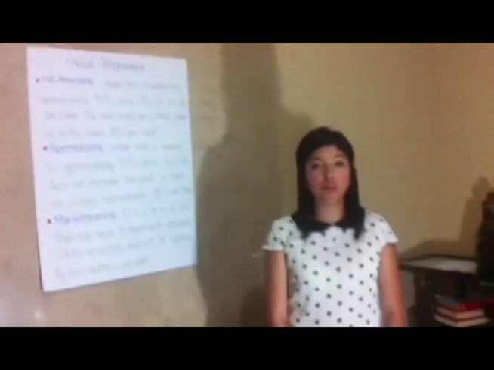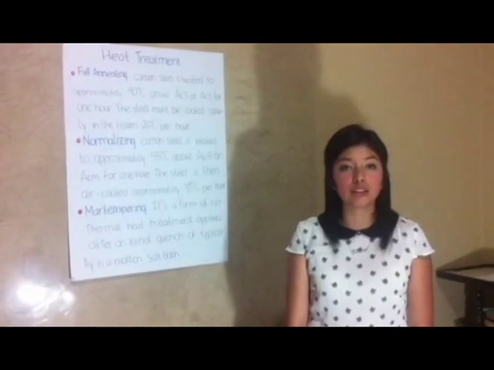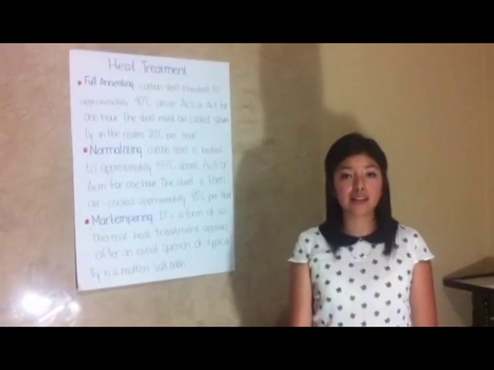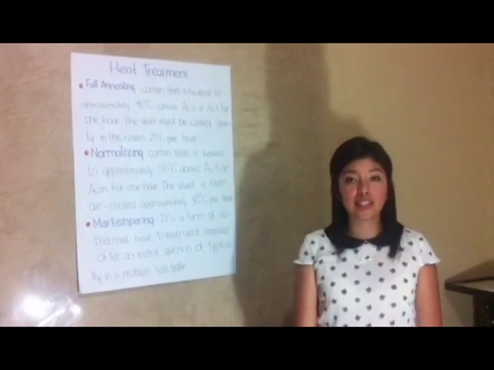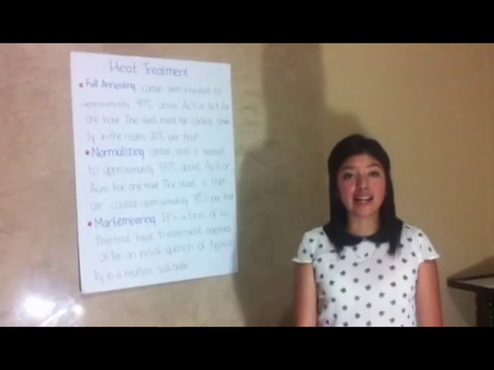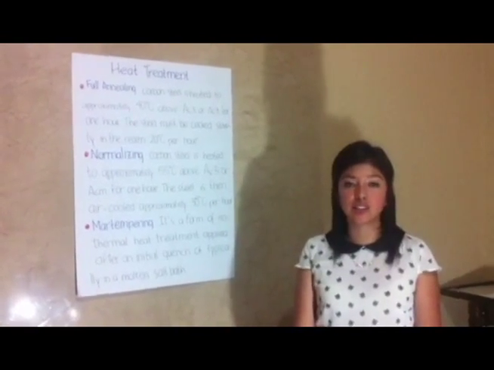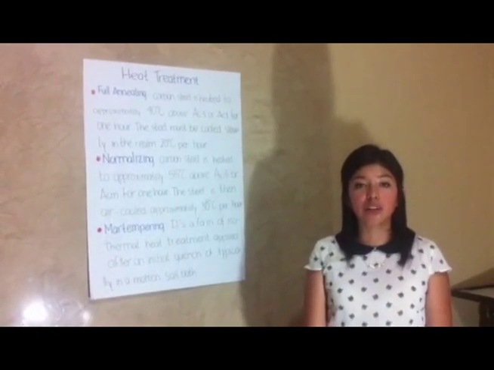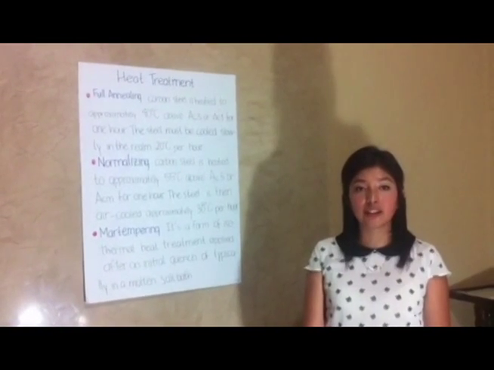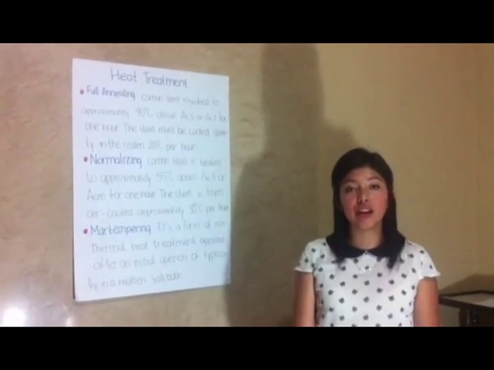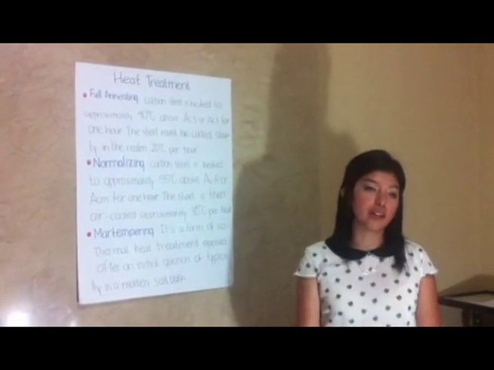This results in a coarse pearlitic structure. Fully annealed steel is soft and ductile, with no internal stresses, which is often necessary for cost-effective forming. Fully spheroidized steel is softer and more ductile.